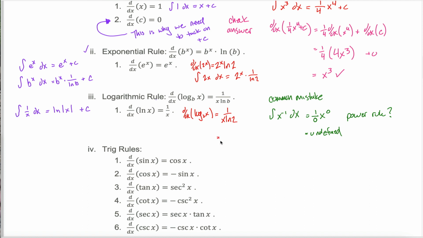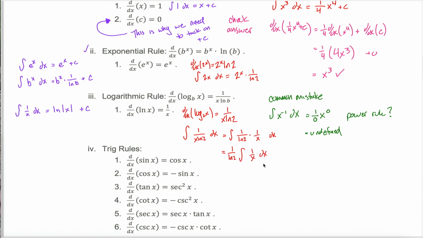What you could do instead, if somebody asked you to take the antiderivative of 1 divided by x times the natural log of 2, is to just think that 1 over the natural log of 2 is a constant. So really what they're asking you is the antiderivative of 1 over the natural log of 2 times 1 over x. And since this is a constant, it serves as a coefficient. I can pull it out in front of my antiderivative symbol and just take the antiderivative of the 1 over x part.